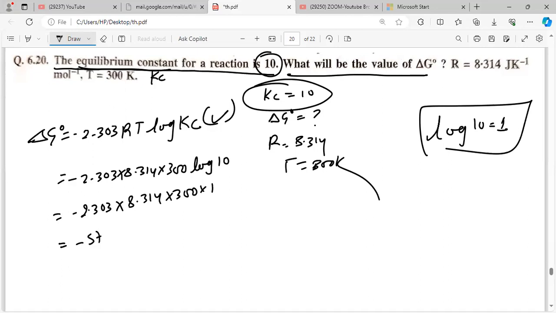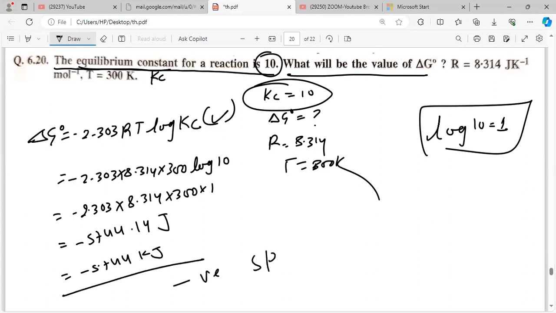It is coming 5744.14. This will be in joule. In kilojoule, it will be 5.744 kilojoule, negative. 19.9 into 300.